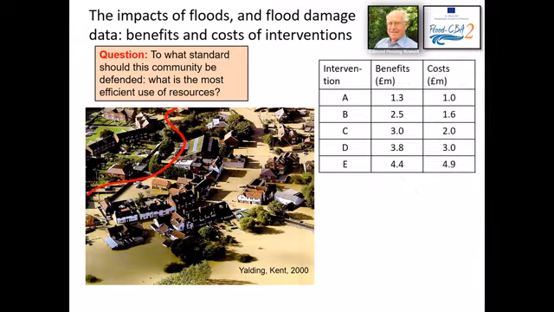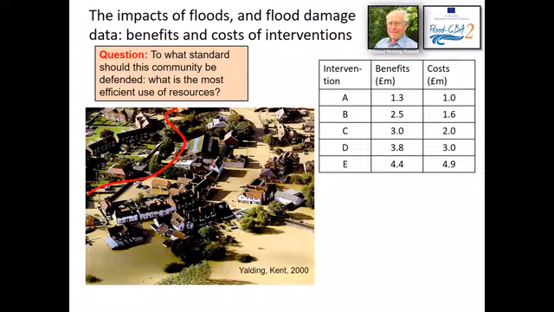What we have for these particular schemes is an analysis here of the benefits accruing to that scheme as a result of its intervention and the costs. They're given here in millions of pounds, but they could equally be millions of euros or even millions of dollars.